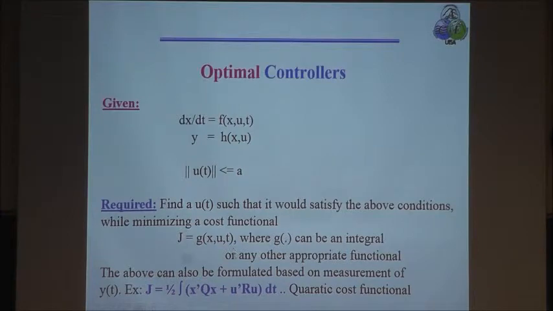That cost function could be many different things, depending on the particular application. It could be a combination of quadratic terms in state and control vectors, which is a measure of state variations, penalization, and or the energy consumption.